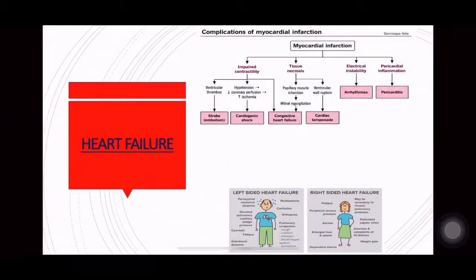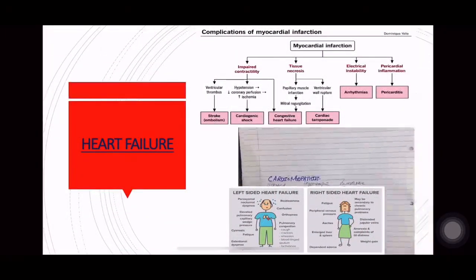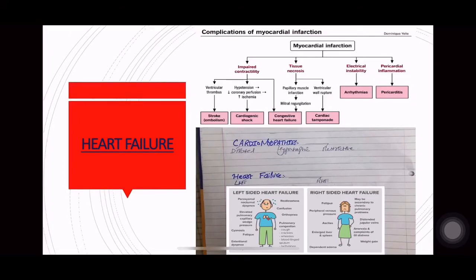These all are MCQs, so note it down. Next, we have complications of myocardial infarction. Complications are impaired contractility, tissue necrosis, electrical instability, and pericardial inflammation, in which we have pericarditis.